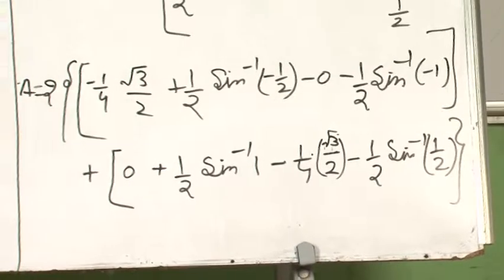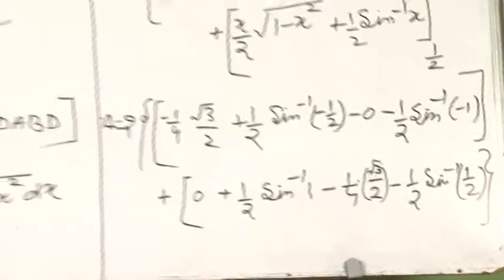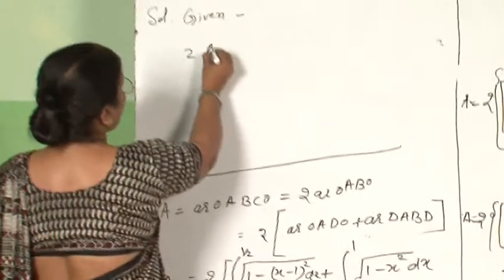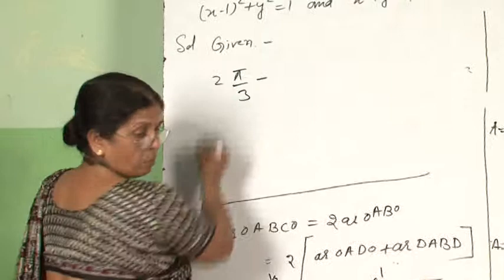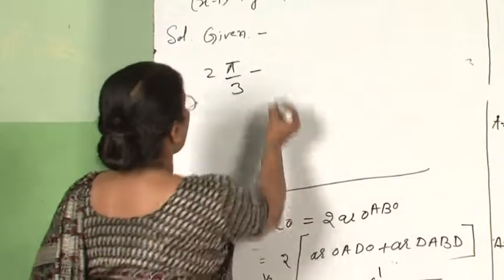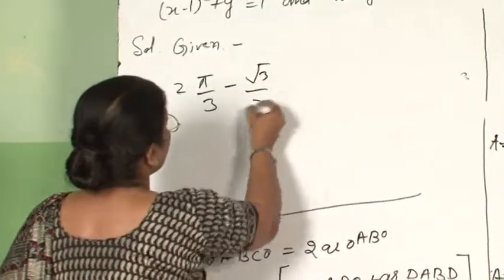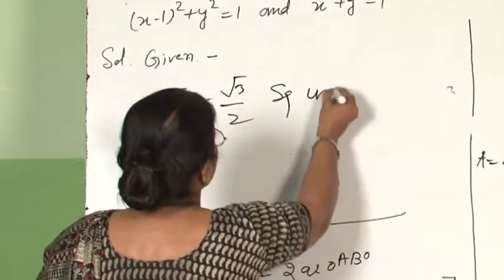After simplification, we will get the answer, that is 2 pi by 3 minus root 3 by 2 square units.